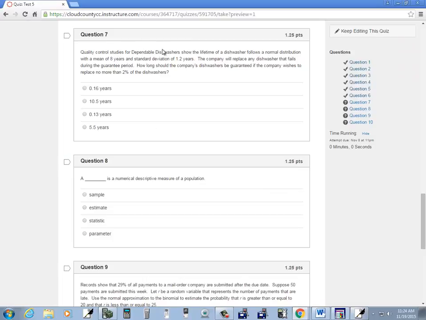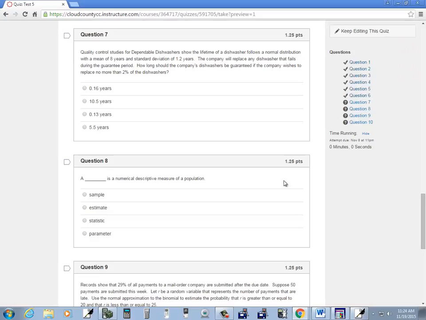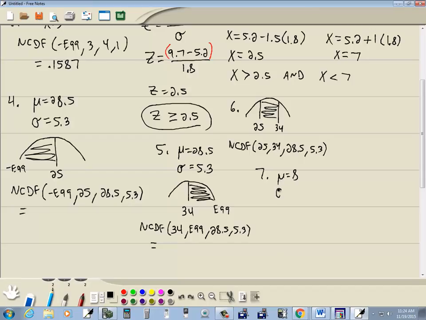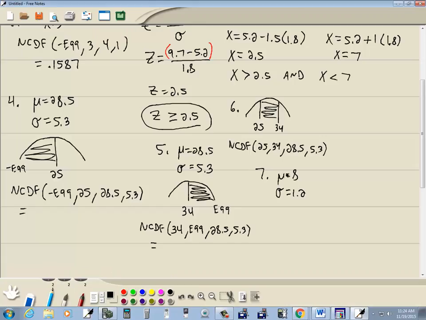Quality control studies for a dependable dishwasher show the lifetime follows a normal distribution with a mean of 8 and a standard deviation of 1.2. Company will replace any dishwasher that fails during the guarantee period. How long should the company's dishwashers be guaranteed if the company wishes to replace no more than 2%?